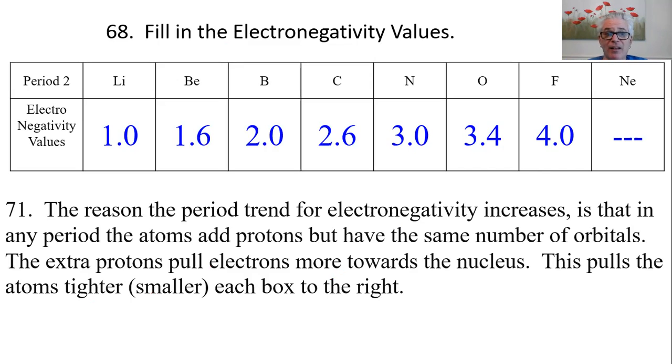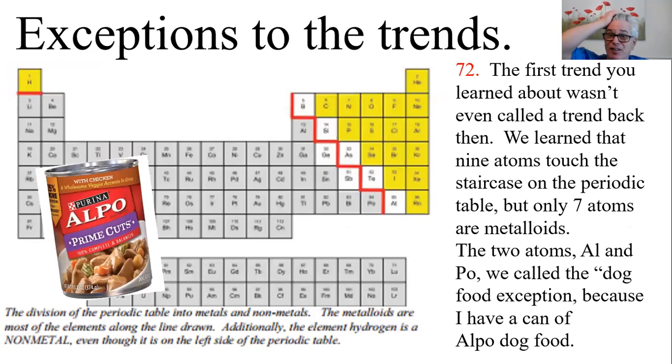They want to lose them anyway. So relatively speaking, going across the table, there's always a greater pull towards the nucleus because there are more and more protons. But not for neon, because neon's perfect. It's already got enough electrons. It doesn't need to gain any electrons to fill up that outer orbital. It is already full.